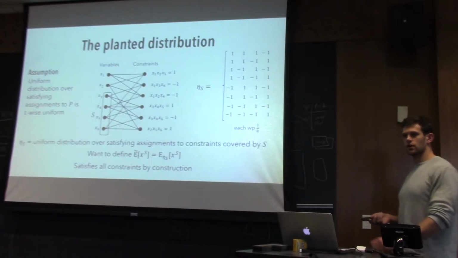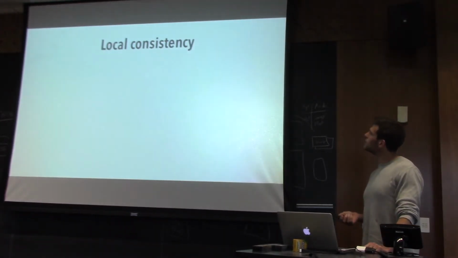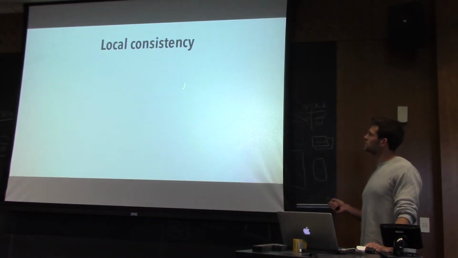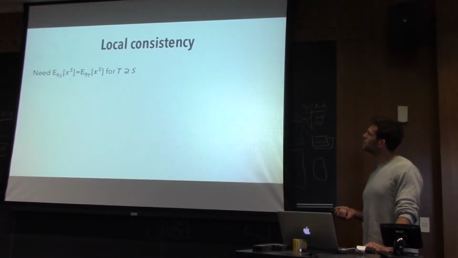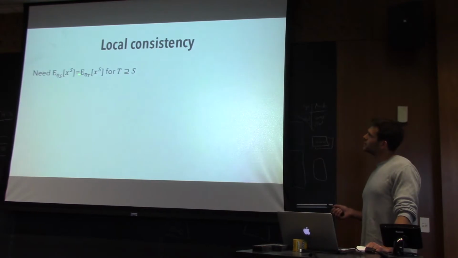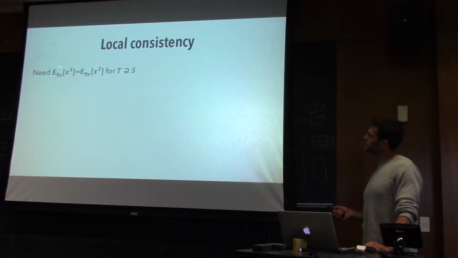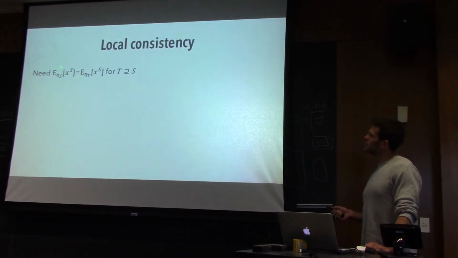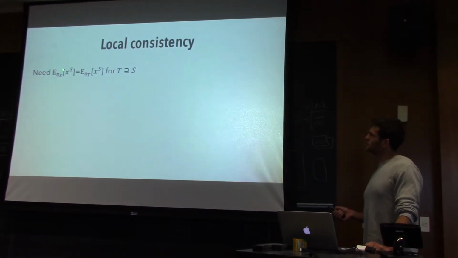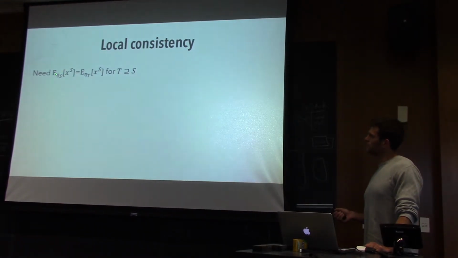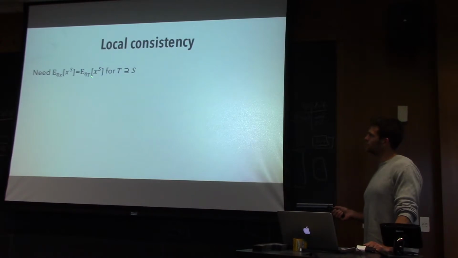So unfortunately, it's not quite going to work out. It violates this thing called local consistency. It makes sense that this would be the case. You'd really like it to be the case that if you take your monomial and take the expected value over this planted distribution, it should be the same as if you took the expectation over a larger planted distribution on a larger set.